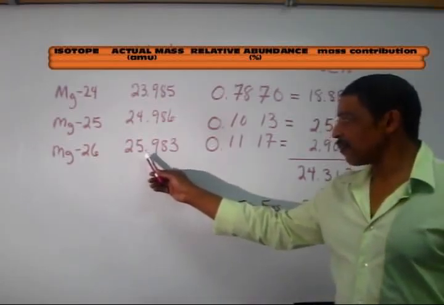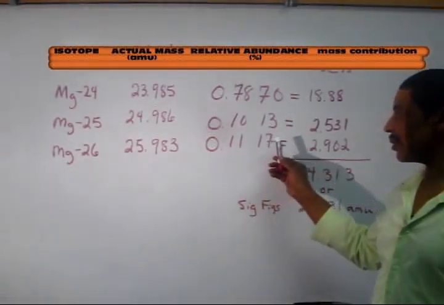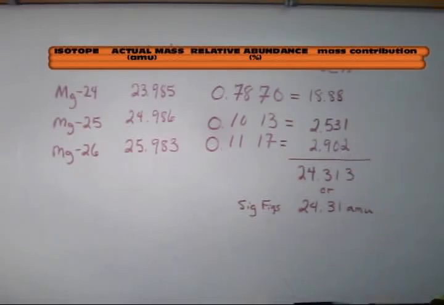And 25.983 times 0.1117 is equal to 2.902 AMU.